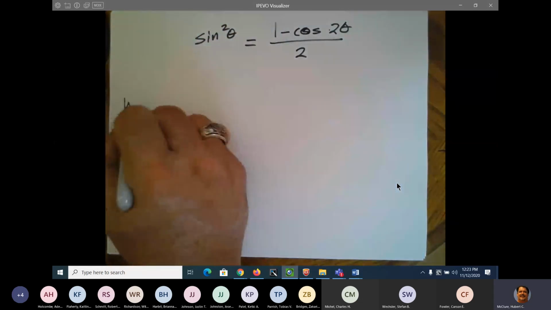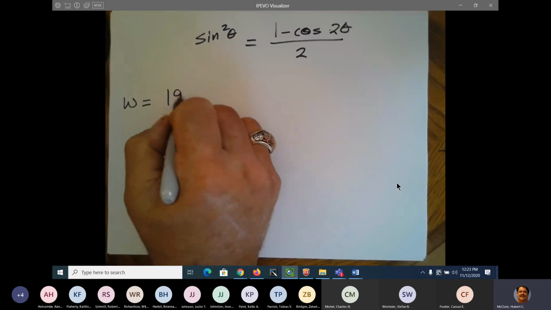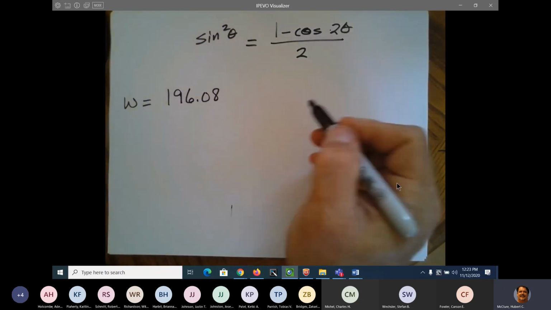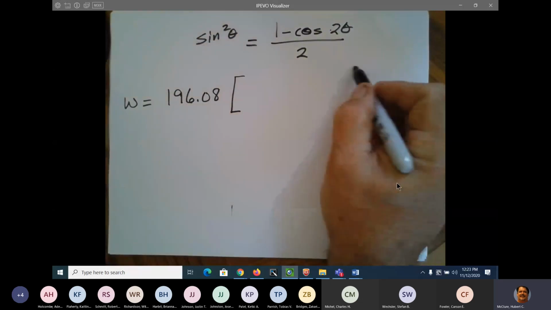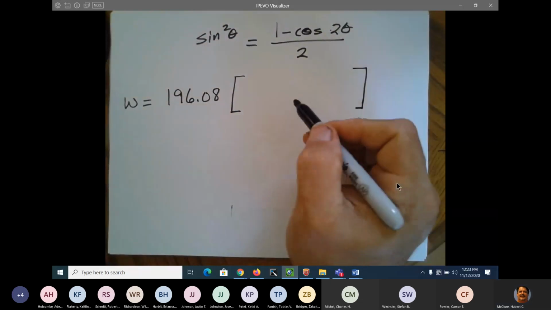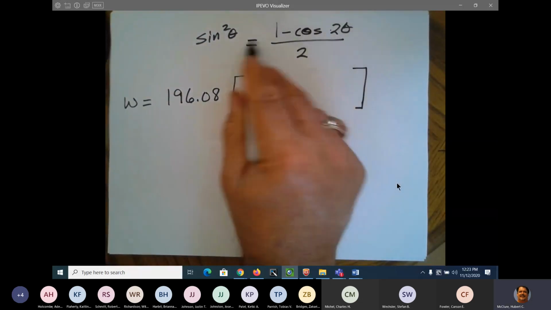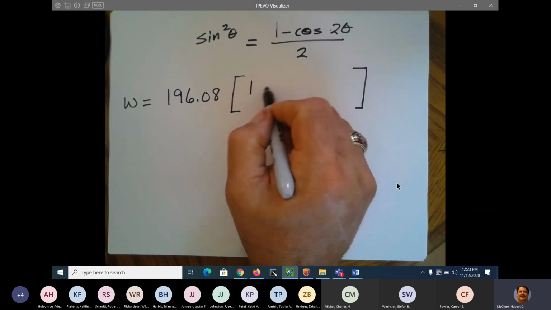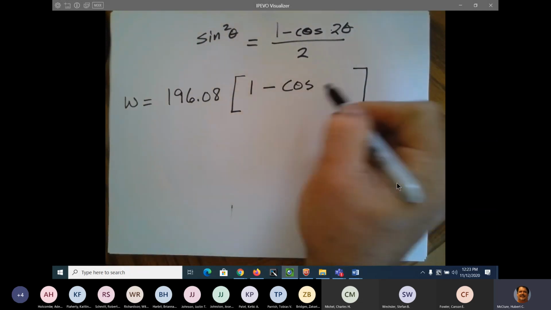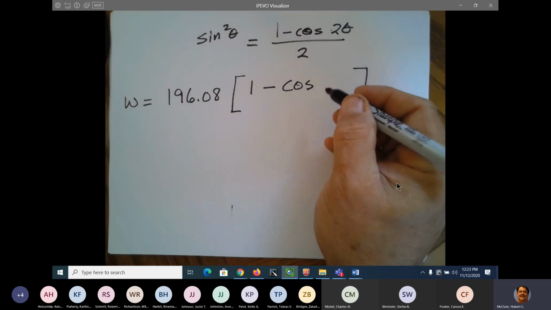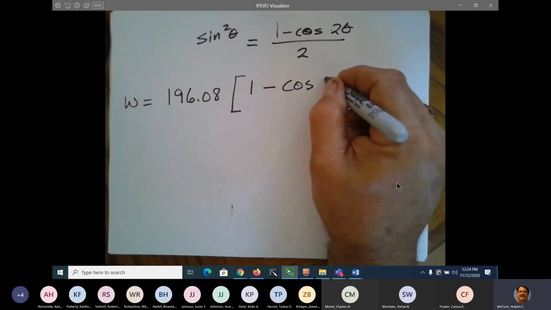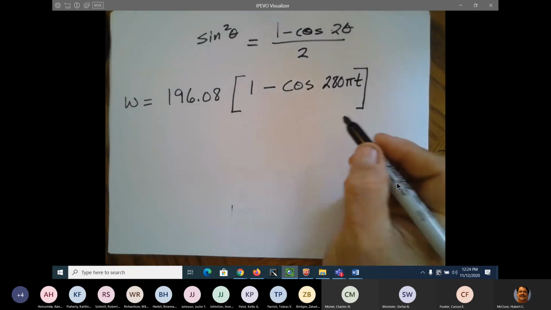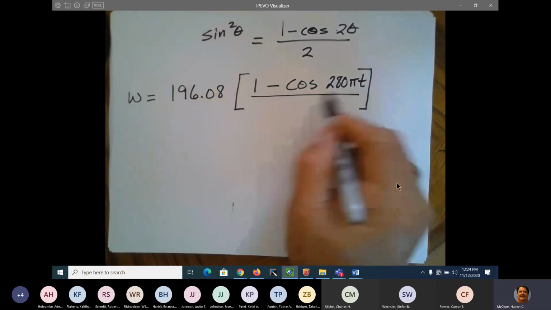And W is equal to 196.08 times sine squared, which is this. So that's going to be 1 minus cosine. Well, 2 times 140 pi t is 280 pi t over 2.